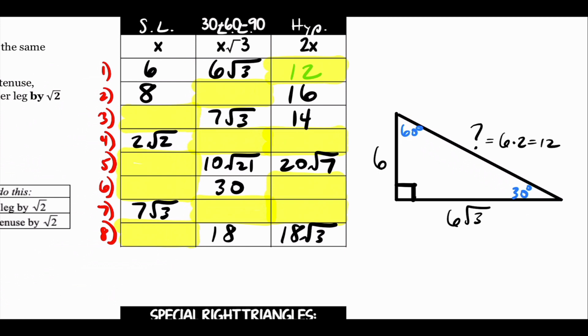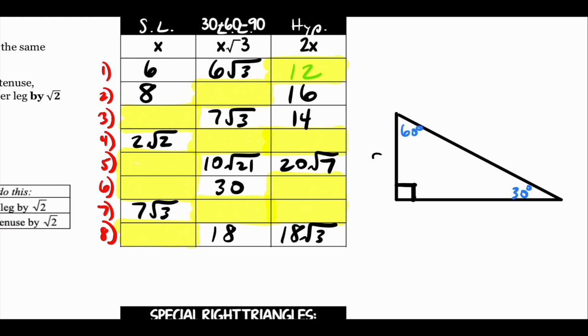It's up to you. If you want to draw triangles for all of them, go for it. I'd rather you do that and get the right answer than try to find shortcuts and get more confused. So if number 2 is not making sense to you, draw a triangle. It'll take you about 5 seconds to draw a triangle.